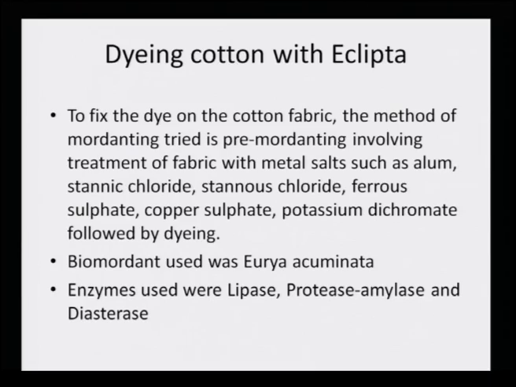Metal mordanting was only done for comparison's sake, because we were trying to replace this metal mordanting method. In order to show the efficacy of the biomordant and the enzyme, we had to make comparative data between the prevalent metal mordanting method and these two methods.